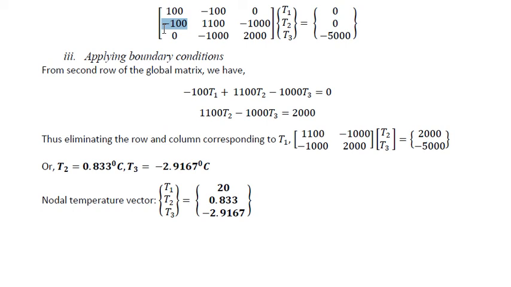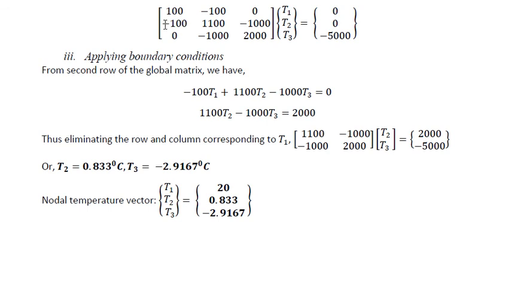If we make that element 0, we will reduce to two equations with two unknowns. If this element is not made 0, we will have three unknowns in the second row equation. How to do that?